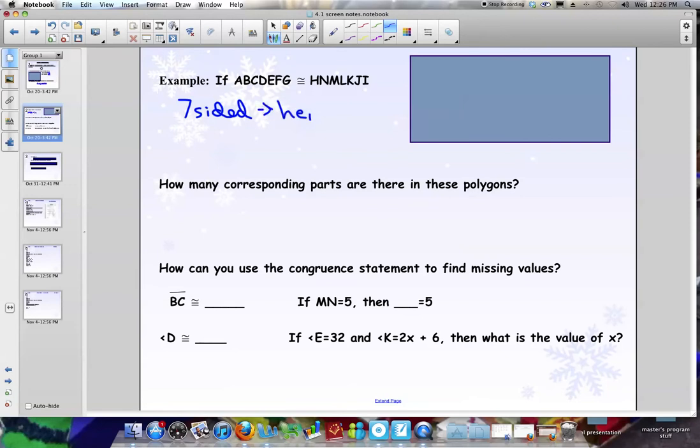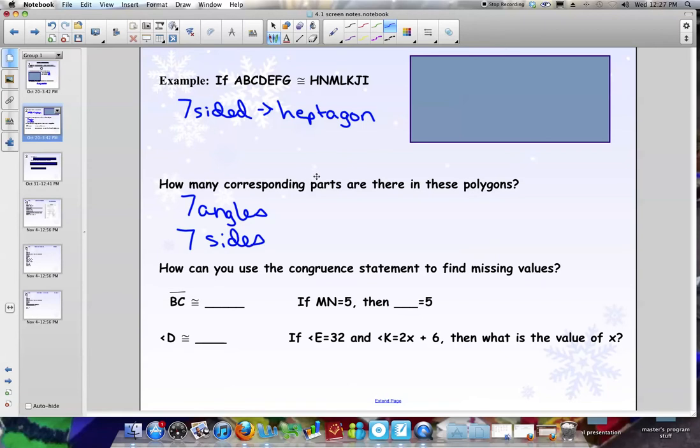It's a heptagon. Now, we don't know what the heptagon looks like, but we do know it's a heptagon because it's got 7 sides. How many angles does a heptagon have? It's got 7 angles. How many sides does a heptagon have? 7 sides.